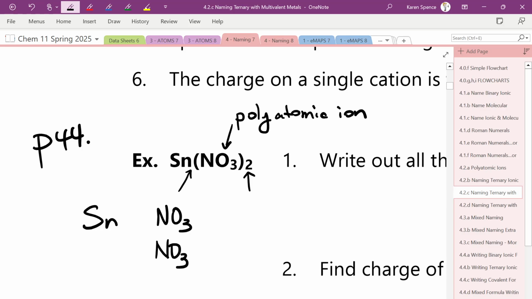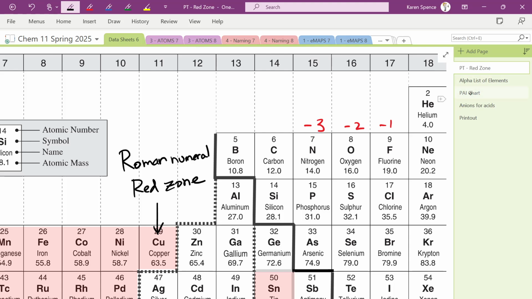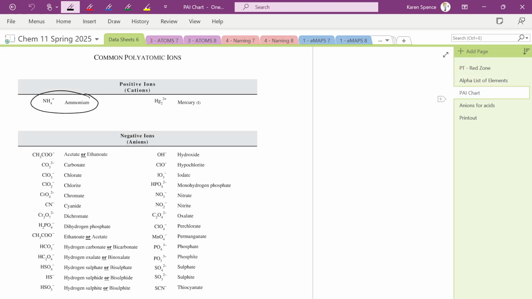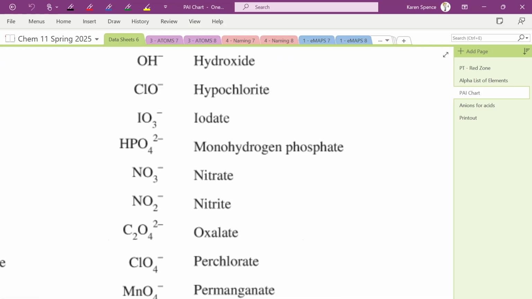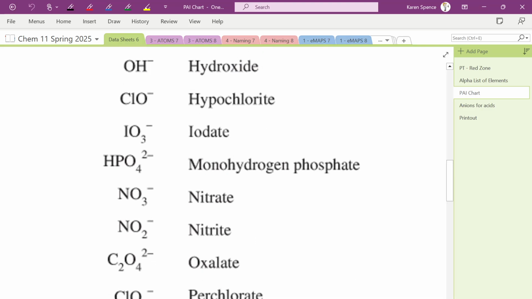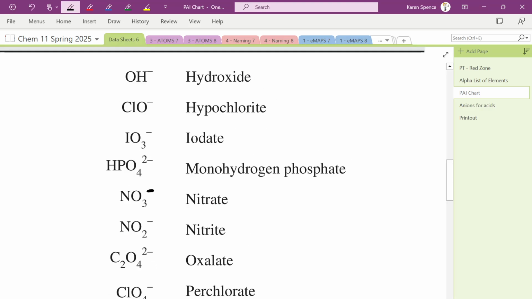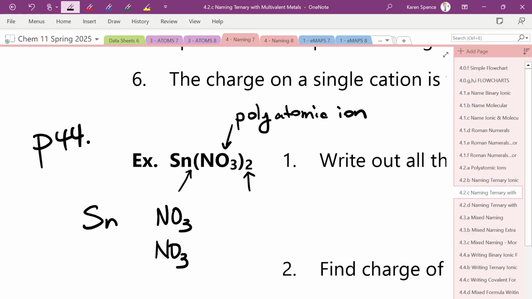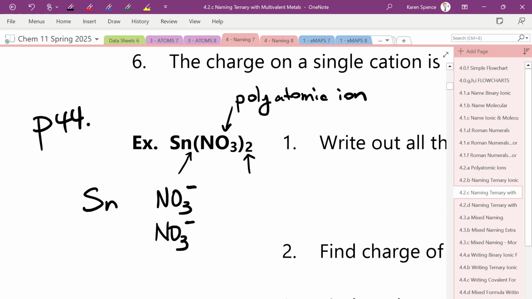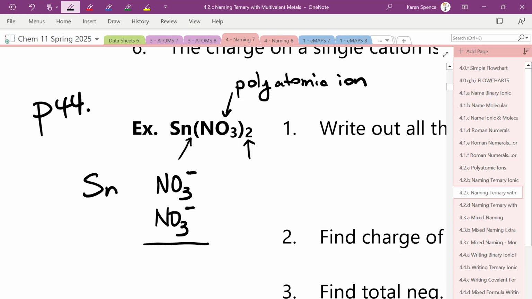The only thing that's different is now we have to look on our polyatomic ion chart to say what is the charge of NO3. And the charge of NO3 is minus, page 44. Yep, we skipped a whole bunch. So it's -1 and -1. We add up those two charges.